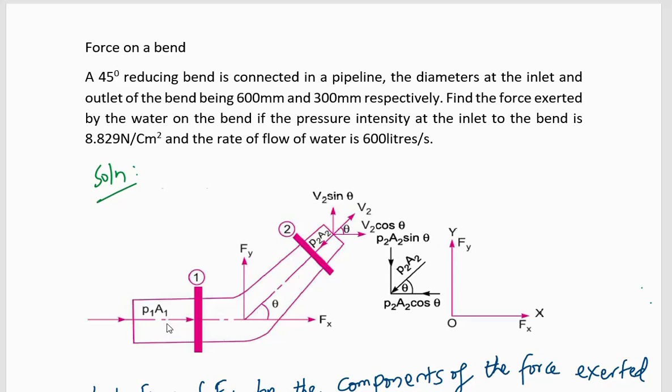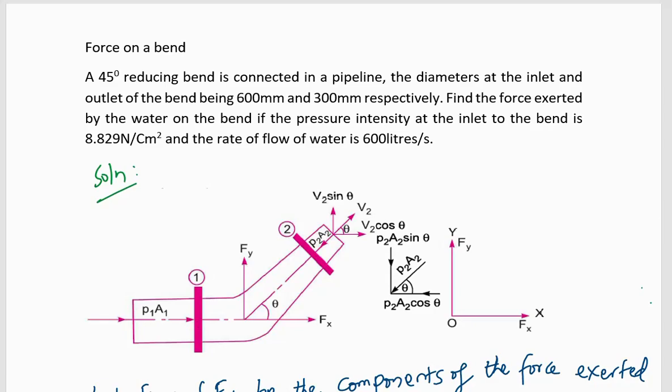Remember, according to Newton's third law of motion, for every action there is always an equal and opposite reaction, and therefore you will see that the force here due to pressure P2 is opposing the force due to pressure at section 1. Whereas the velocity is in that direction V2, the force due to this pressure is opposing the direction of the force due to P1.